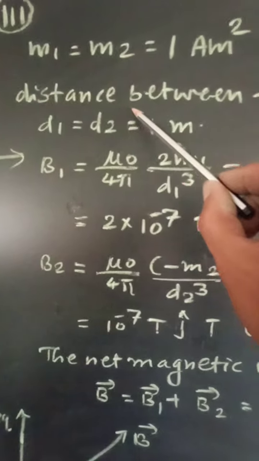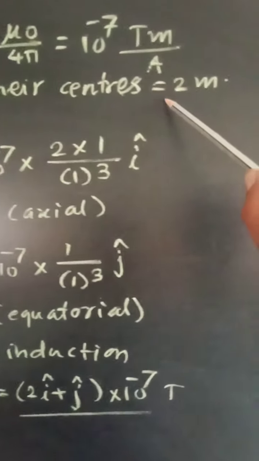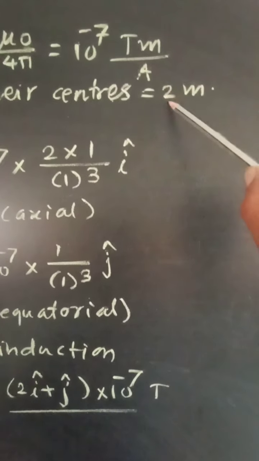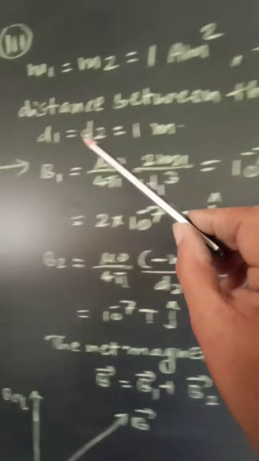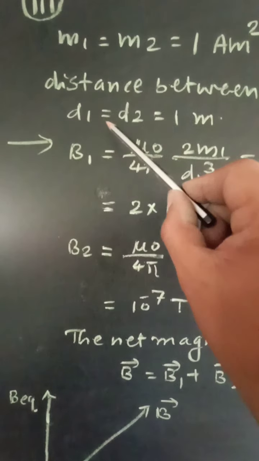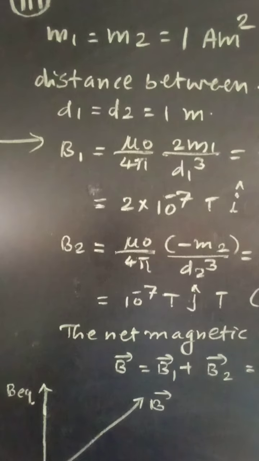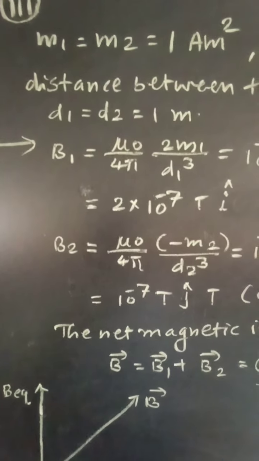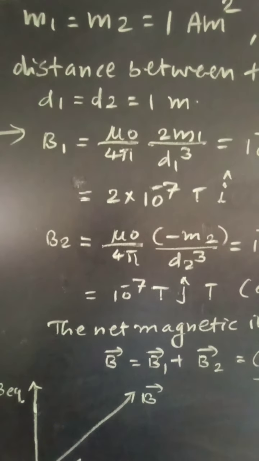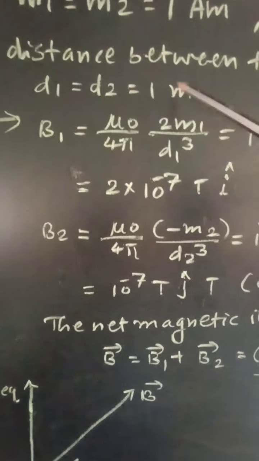The distance between the centers of the two magnetic dipoles is 2 meter. Then d1 equal to d2 equal to 1 meter, that is, the distance of both these magnets from the midpoint is 1 meter.